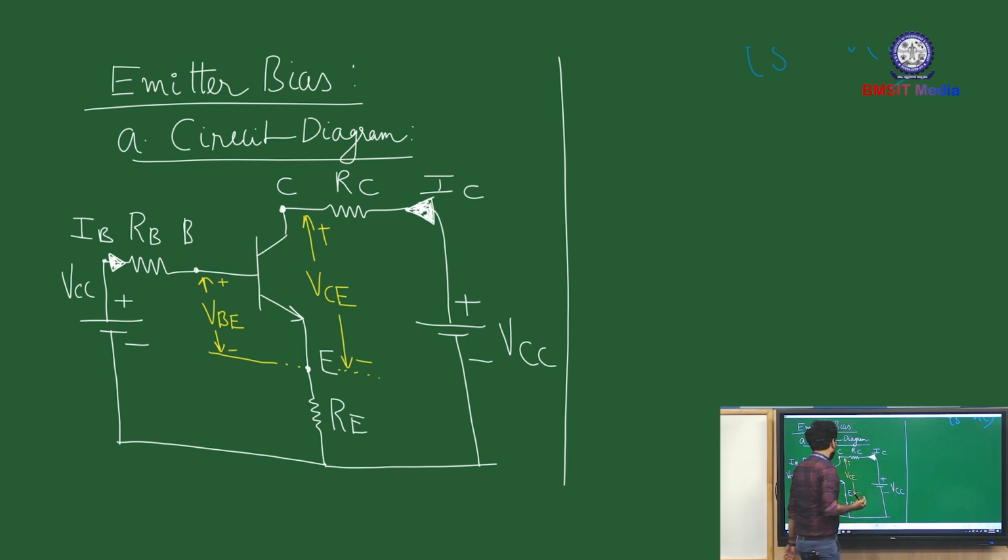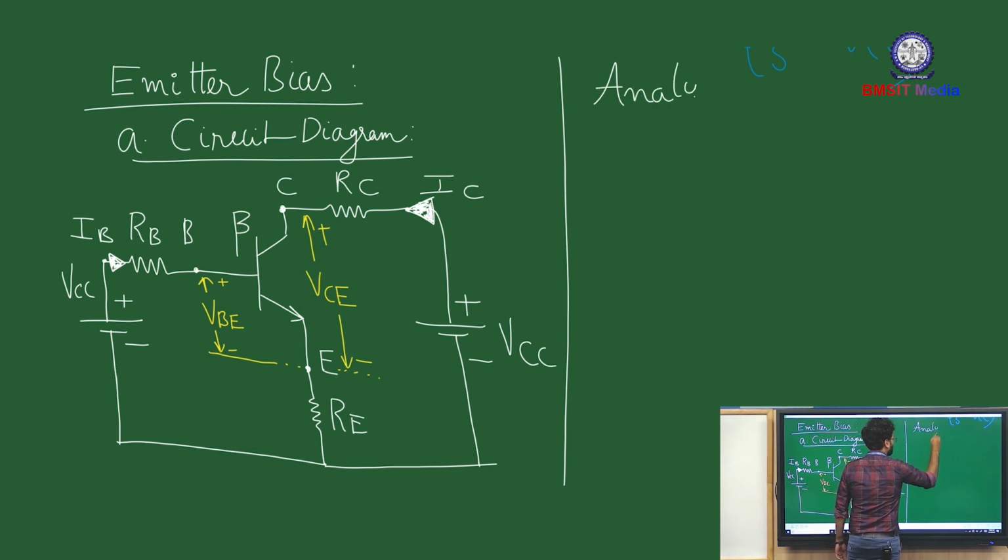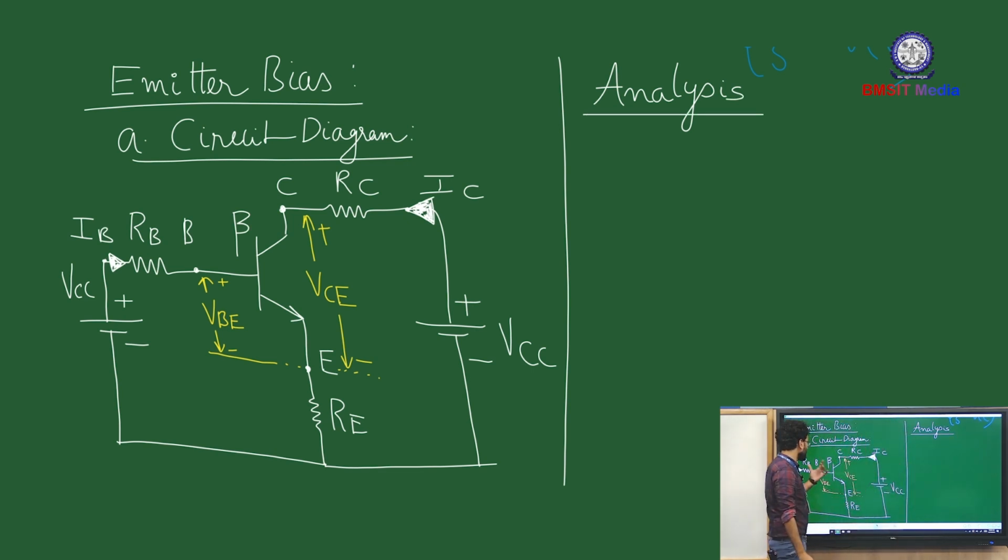Since it is operating in common emitter configuration, let us consider the transistor current gain as beta. So beta is nothing but the transistor current gain. So next comes the analysis. First let us do the input circuit analysis followed by the output circuit analysis.